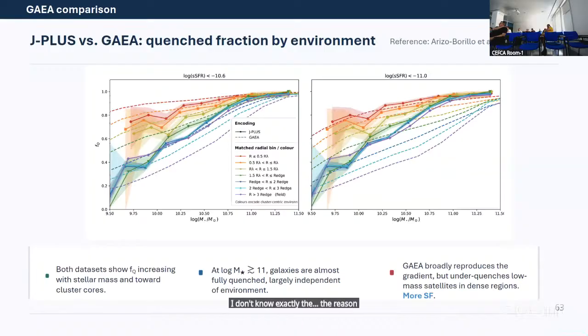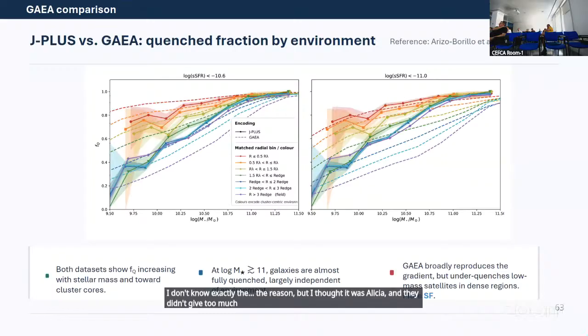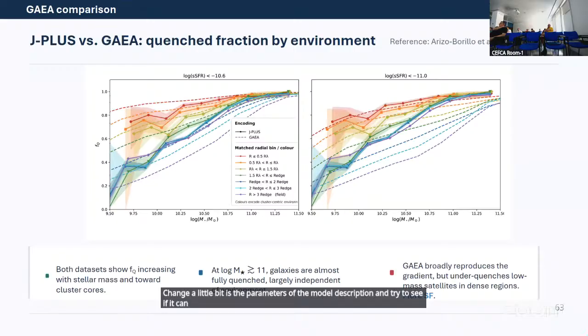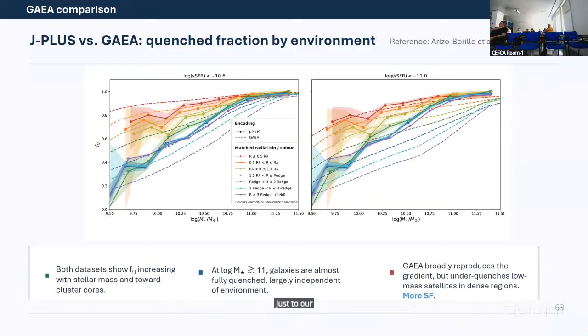Probably because they work with model prescriptions, which is a semi-analytical model. What we can try is to change the parameters of the model prescription a little bit and see if it can be adjusted to our results.